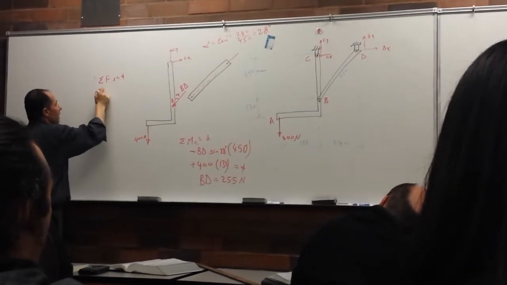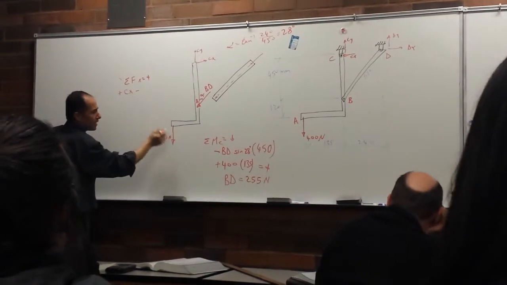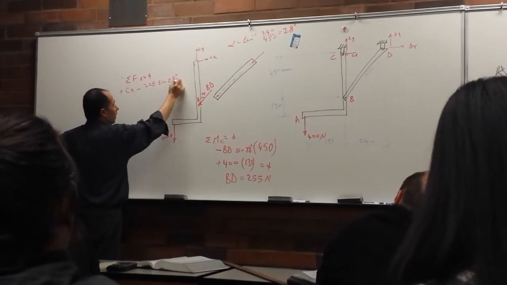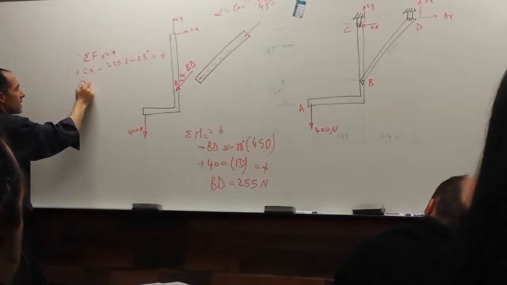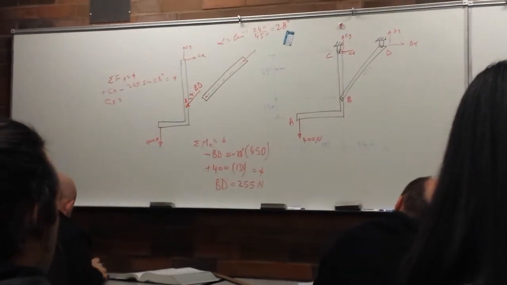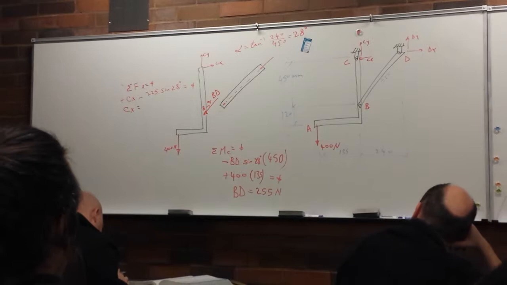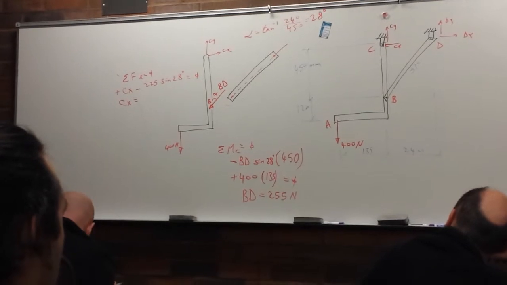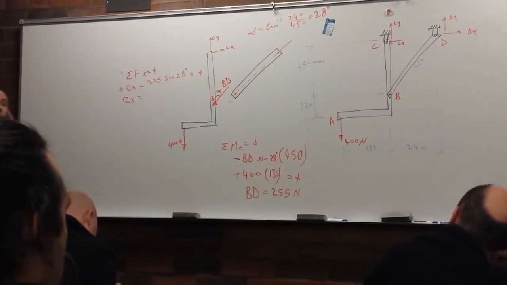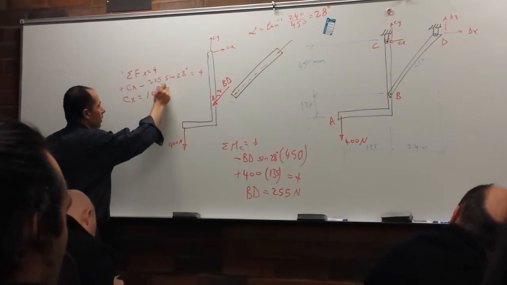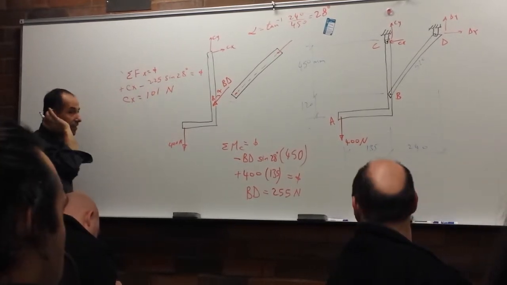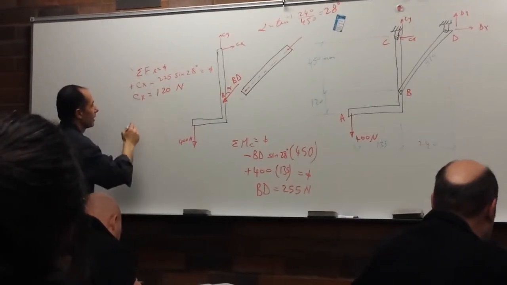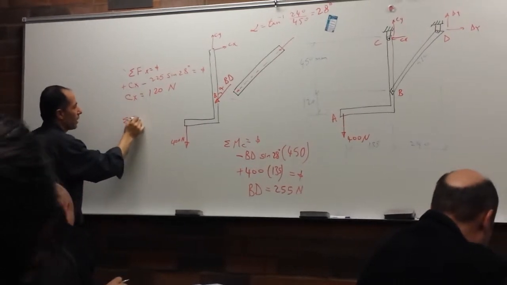On x, Cx is positive, negative BD 225 sine alpha equals 0, or Cx equals... What is Cx? 120. Why here 1, 1? 1, 2, 0. And the last one, sum of forces on y equals 0.